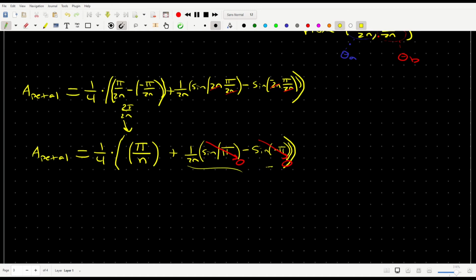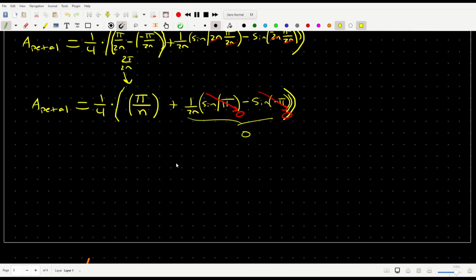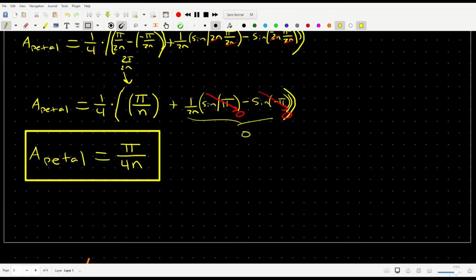So this entire term is just 0. And finally, then we have that the area of the petal that we're looking for is pi over 4n, which is super cool.